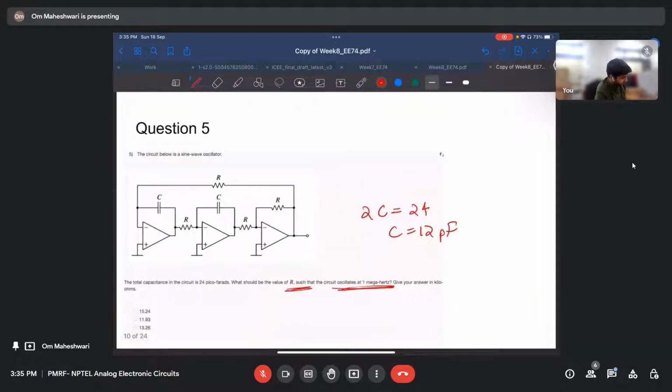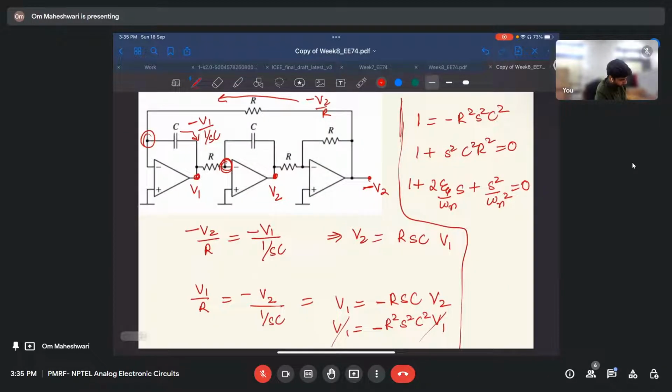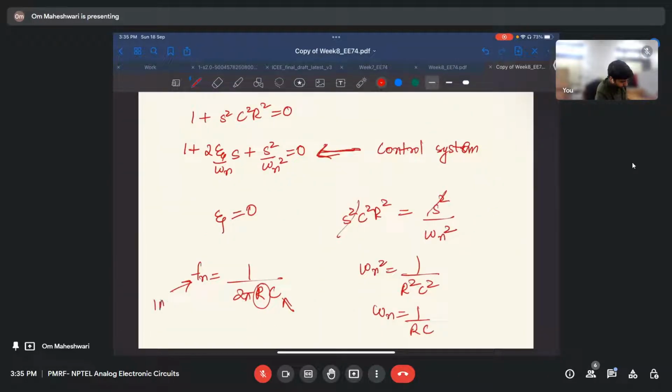Fn is 1 megahertz. And we can find R to be 13.26 kilo ohms.